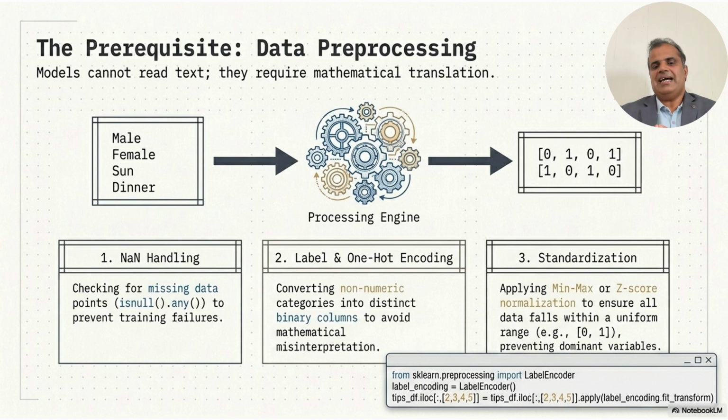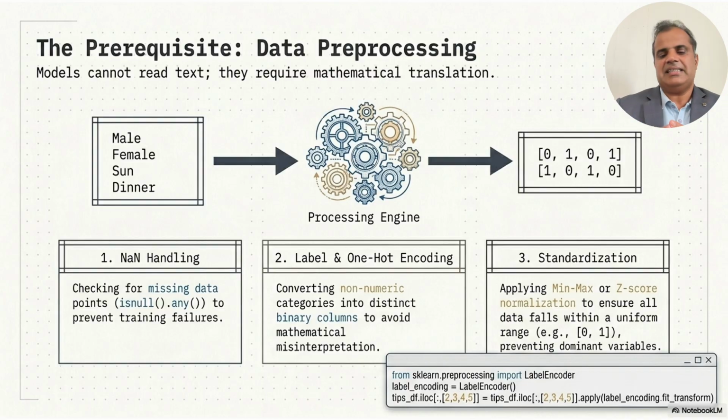First is NaN handling, where we look for missing data points using functions like isNull.any to prevent mathematical operations from failing during training. Second is label and one-hot encoding, which converts non-numeric text categories like sun or dinner into distinct binary columns so our equations don't imply an incorrect numerical rank.